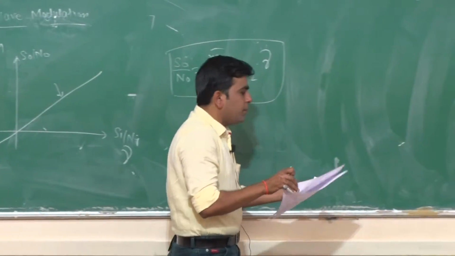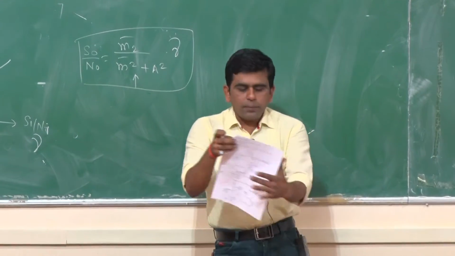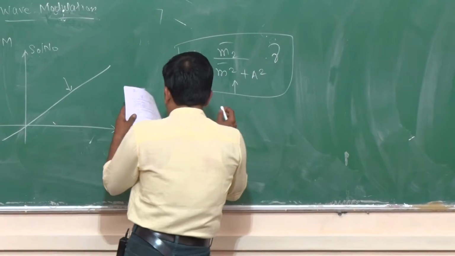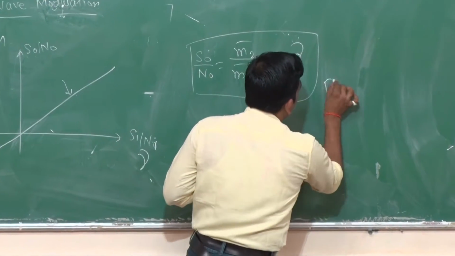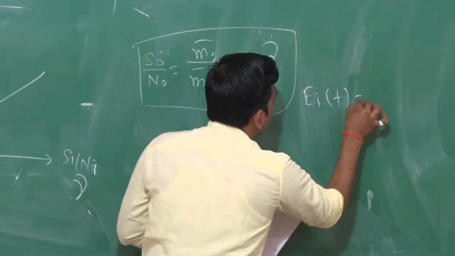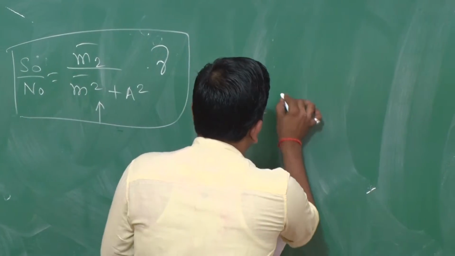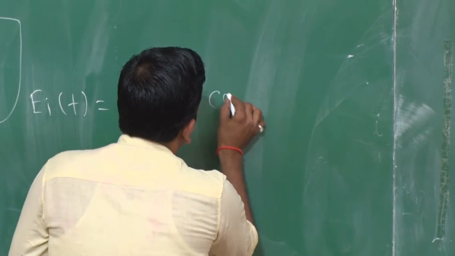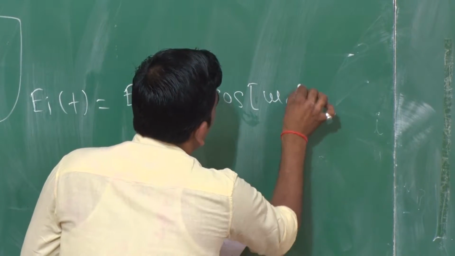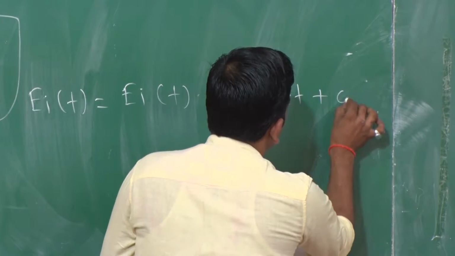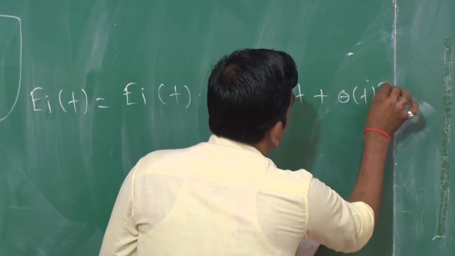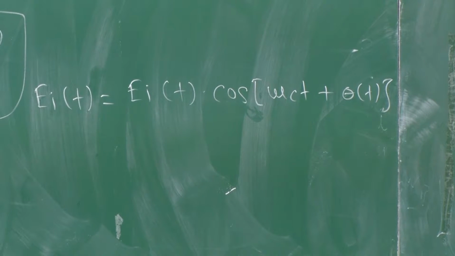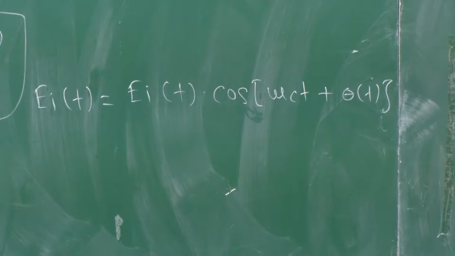Now for the envelope detector, AM with envelope detection, the general envelope is given as Ei(t) cos(omega_c t plus theta(t)). In an envelope detector, we are just looking at the envelope of the signal.